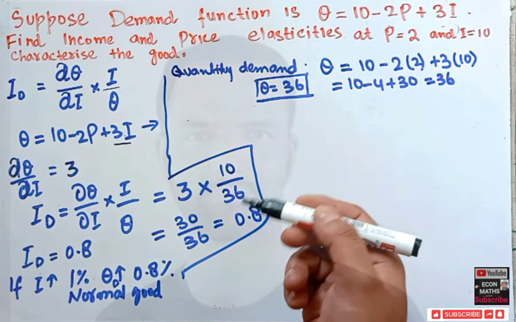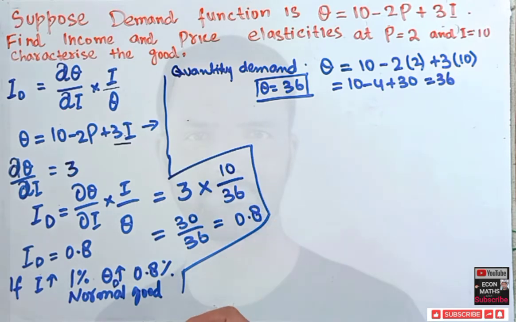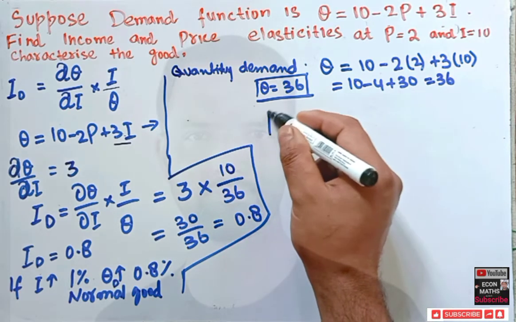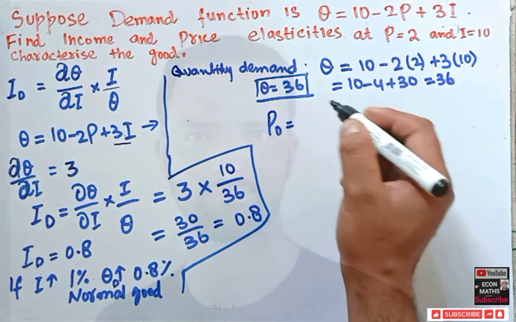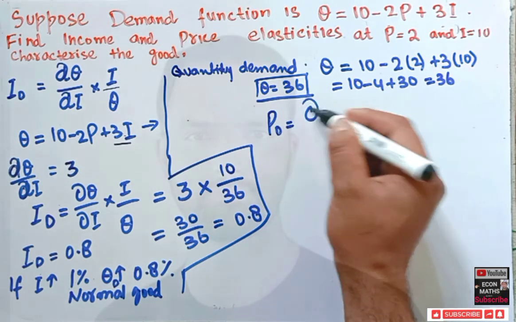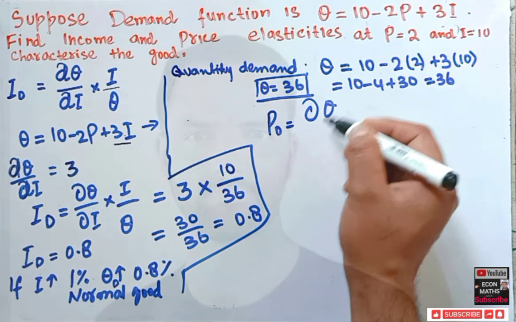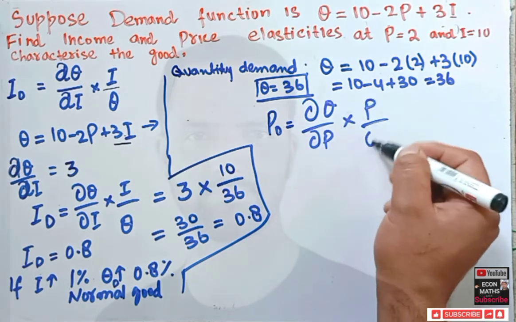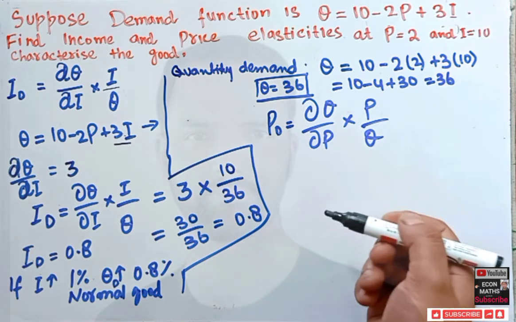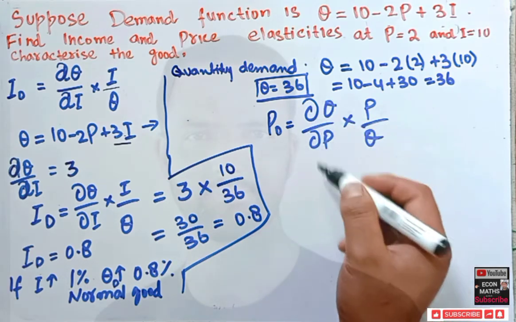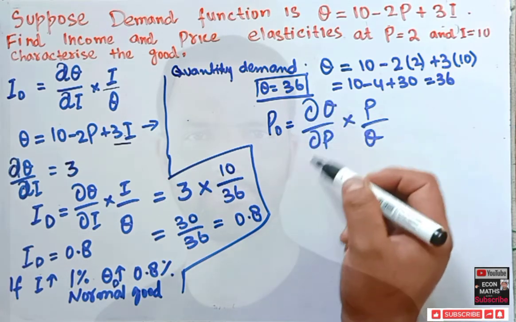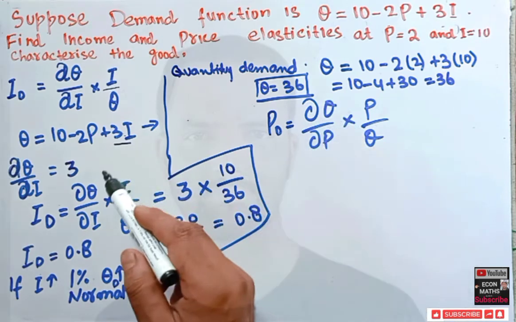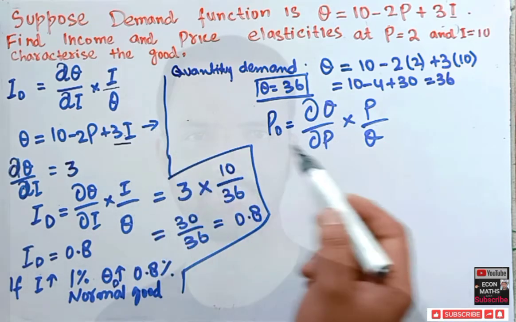Now coming to the next part of finding the price elasticity of demand. The formula is simply dq over dp into p by q. The derivative term denotes the derivative of our demand function with respect to price.